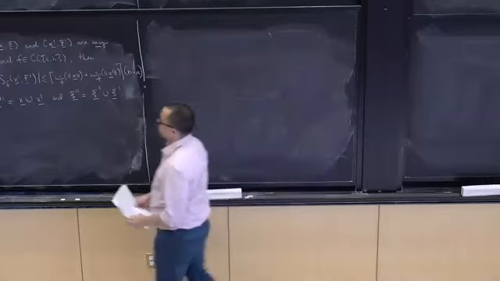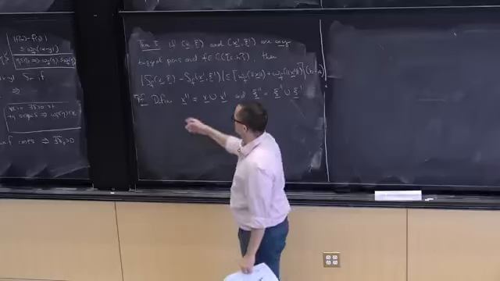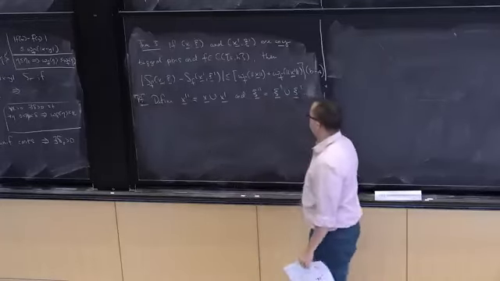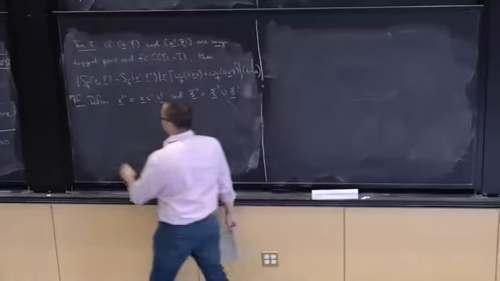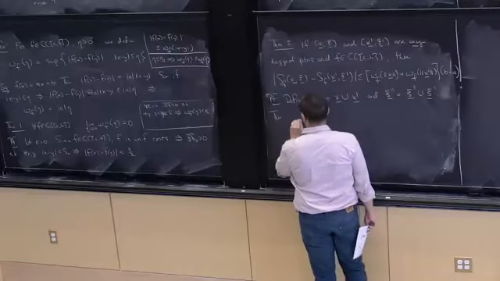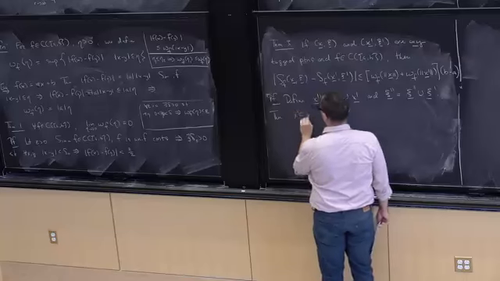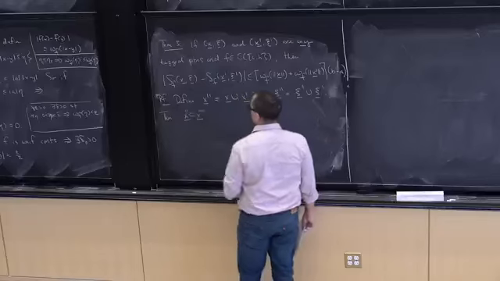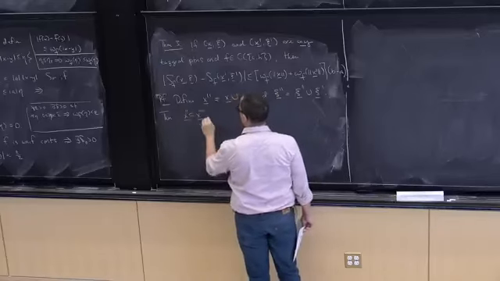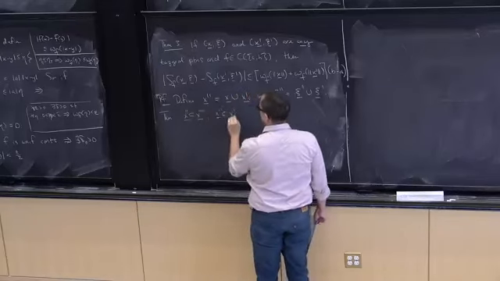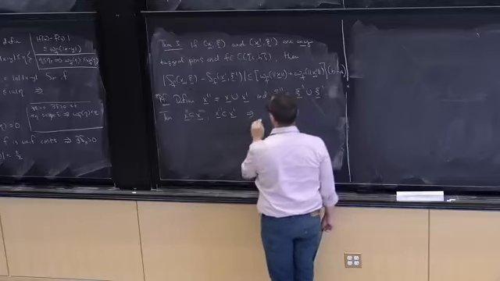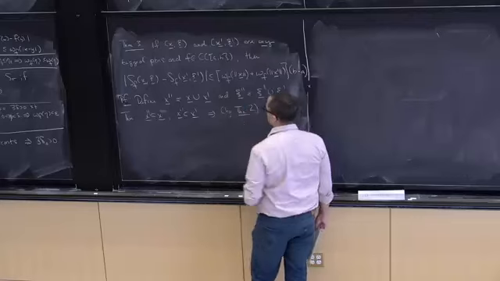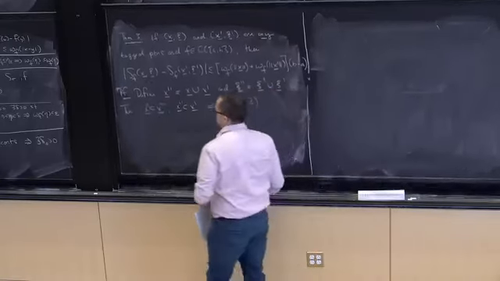So all the partition points of x and x prime, I throw them together to get a new partition x double prime, and then the tags as well. Then this new partition is finer than x. It's finer than x prime, and therefore by Theorem 2, we have this estimate.